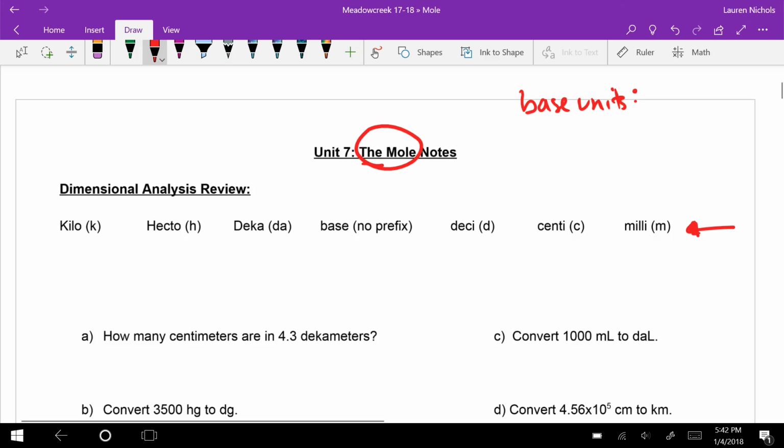So for example, we might use the base unit of a gram for mass, meter for distance, seconds for time, and liters when we're talking about volume. And obviously if we add any of these prefixes before them, we could have a milliliter or a centigram or a kilometer, right? Or a kilometer, depending on where you're at and how you want to pronounce it.